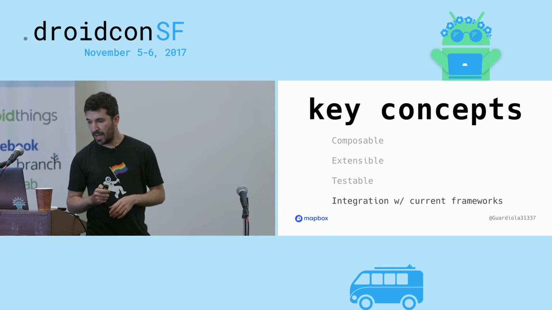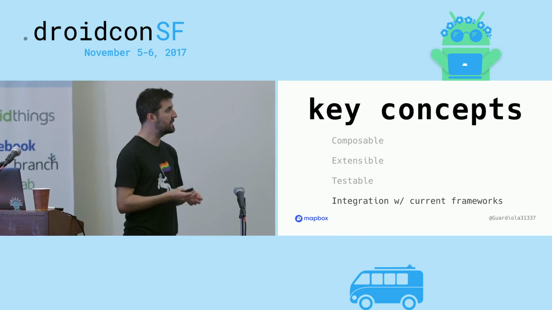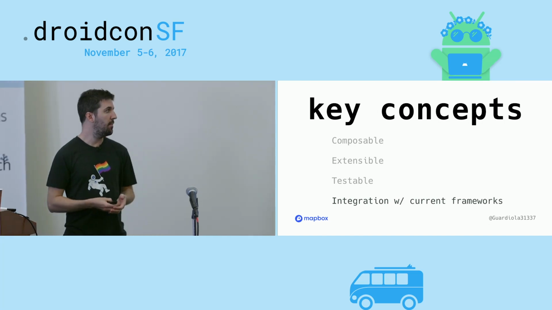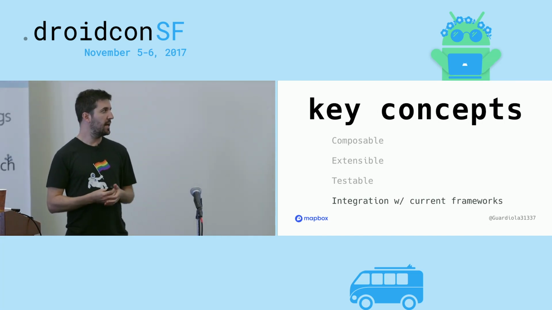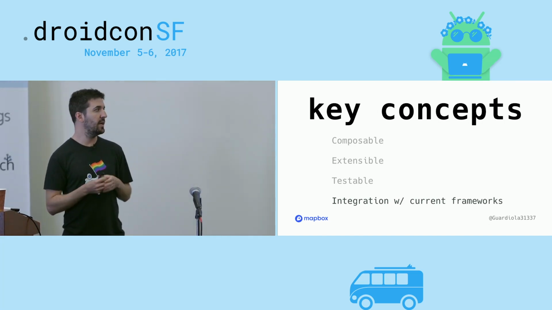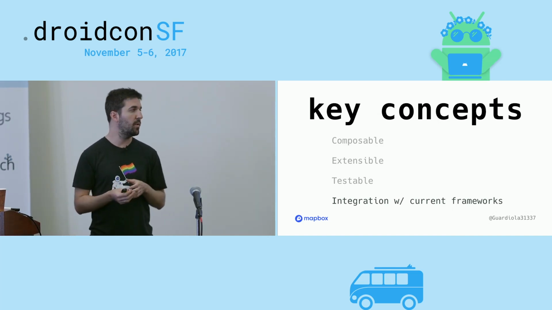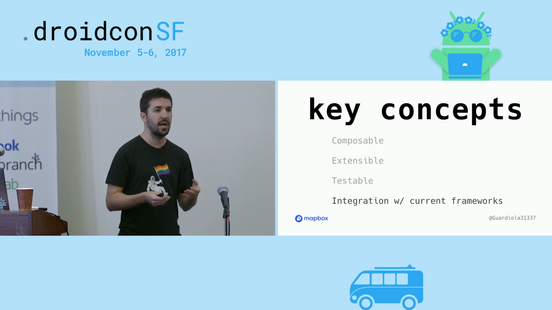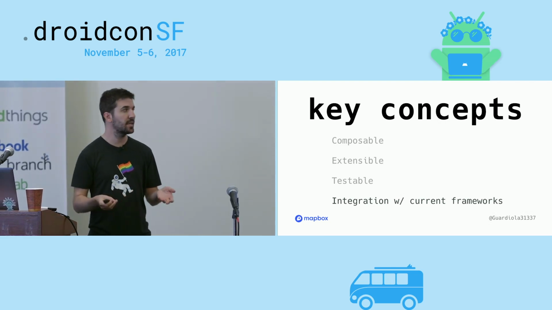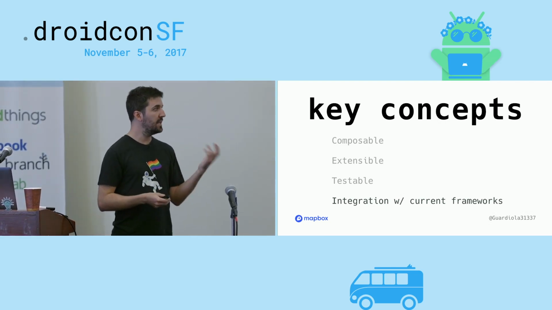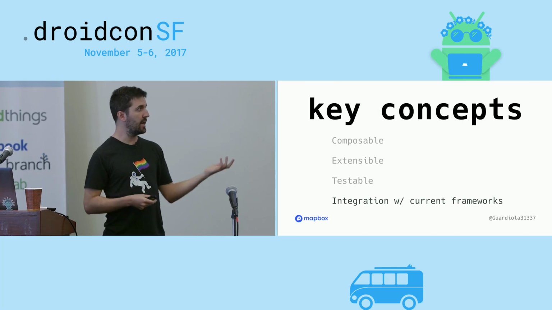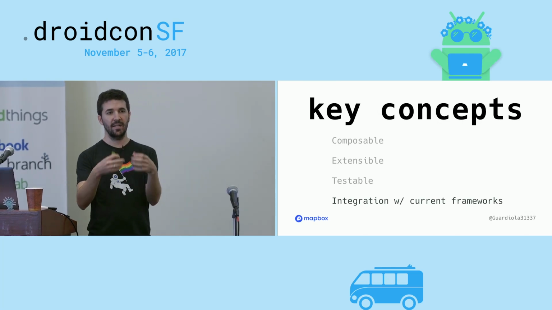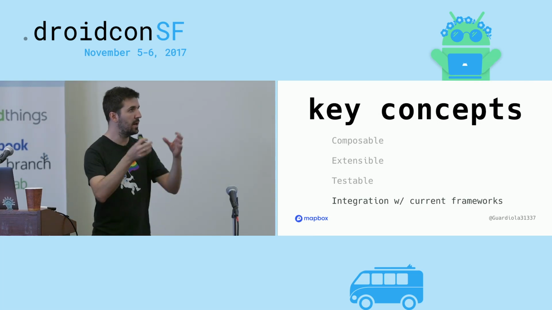And finally, you will see that creating a DSL this way, using Category, fits really well with your current framework. So imagine that you are right now using RX. This way of creating a DSL will allow you to keep using your own models.